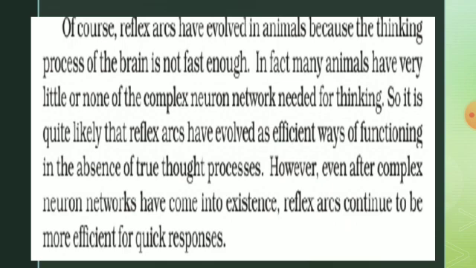So it is quite likely that reflex acts have evolved as efficient ways of functioning in the absence of true thought process. However, even after complex neuron networks have come into existence, reflex has continued to be more efficient for quick response because the spinal cord is able to give a better, faster, quicker result.